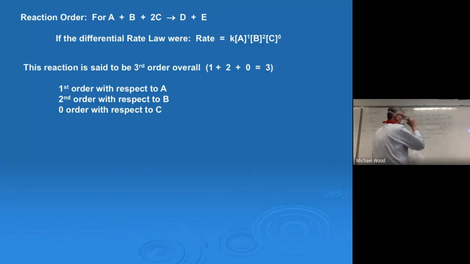So if something is second order, it's having a bigger effect on the rate. So rate here is equal to K times A squared. This would actually be 4x because of the squared thing.